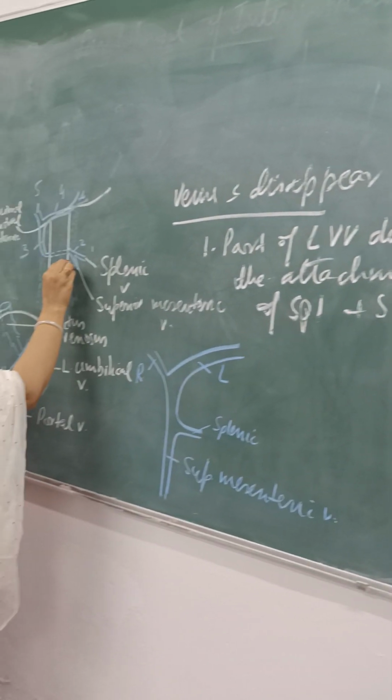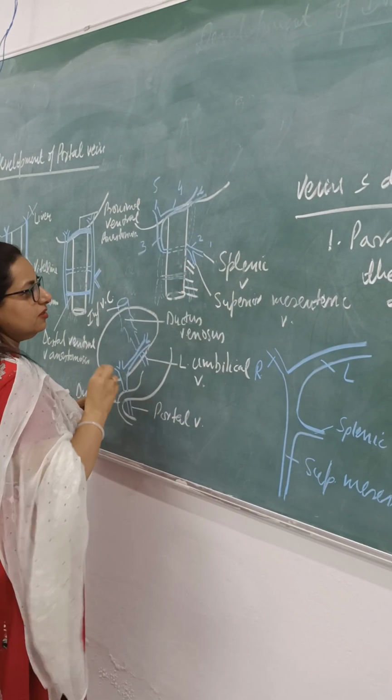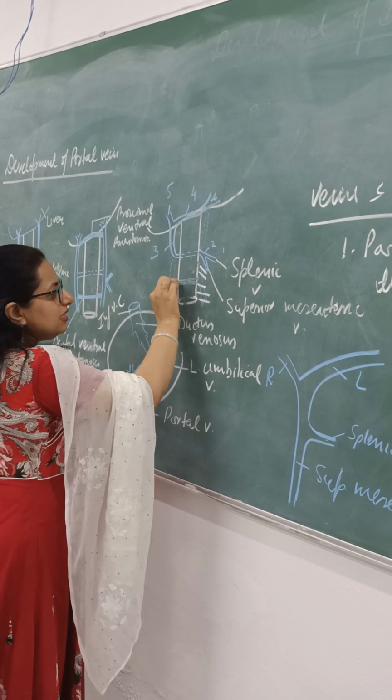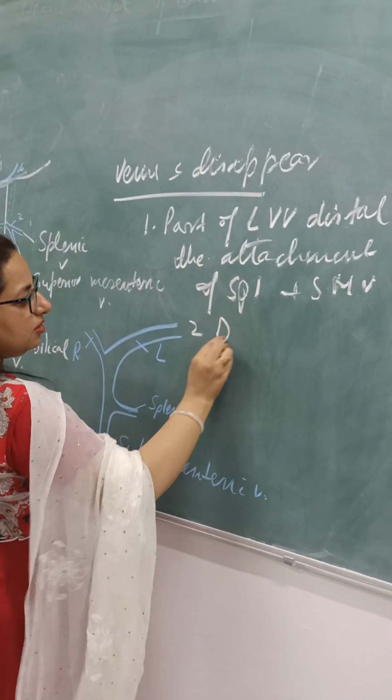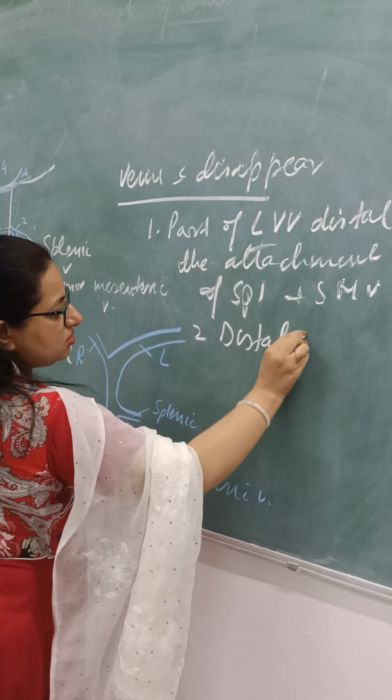So this will go, the whole of it. Then this distal ventral anastomosis as a whole will go.